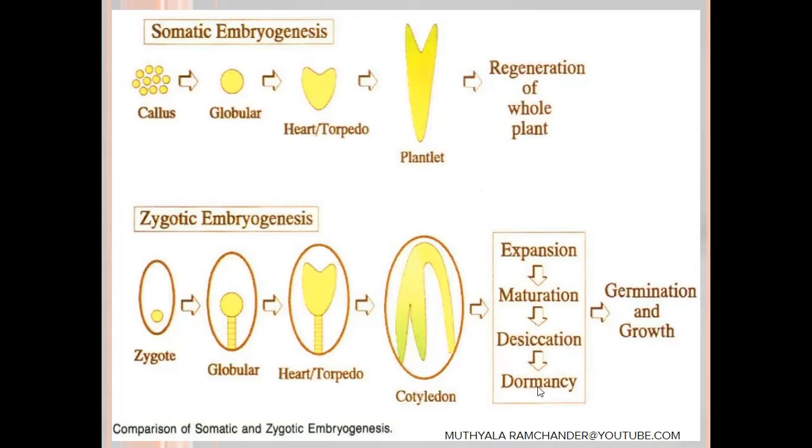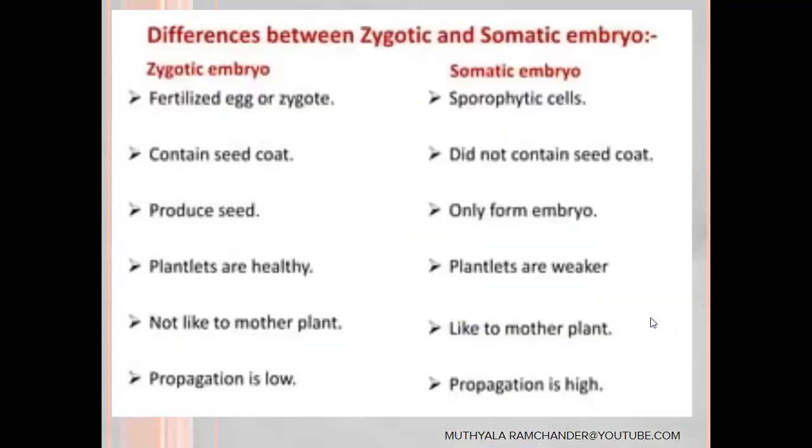After these complete procedures, after the dormancy, the zygotic embryo develops into a complete plant, also called germination of the plant. And this is the differentiation between zygotic and somatic embryogenesis.